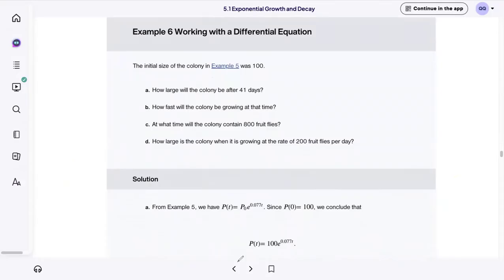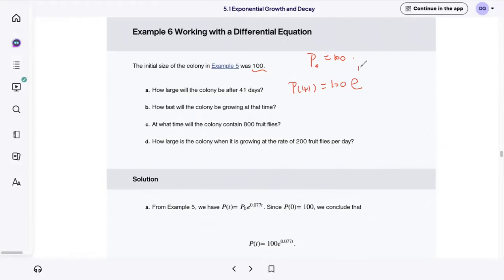Let's see this one. The initial size of the colony in example 5 was 100. So this is given P naught equals 100. How large will the colony be after 41 days? So P of 41 equals P naught multiplied by e raised to K times 41.